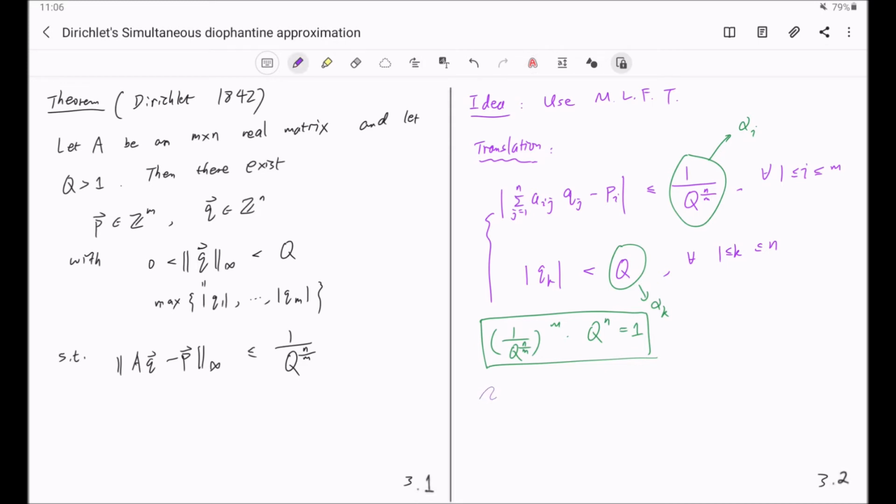Now the key question will be, what is A as in Minkowski's linear form theorem, or rather its corollary?